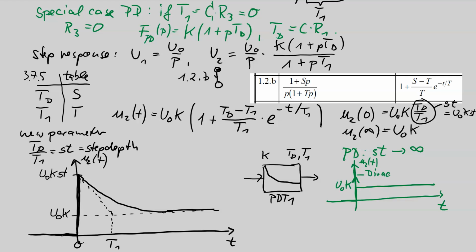There is a symbol for the PD. You've seen in the workbook, the symbol symbolizes the step function. We have here a K and here a TD. This symbol can be mixed up with a D block.